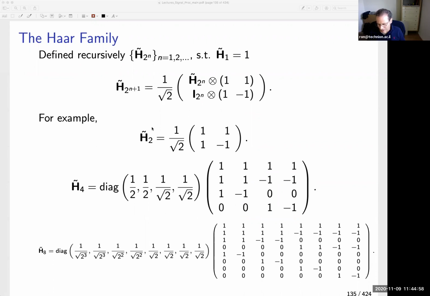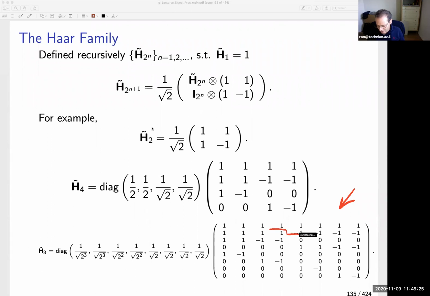What we see here is that here we have 1 sequency, here we have 2 sequency, and here we also have 2 sequency in a sense. I mean, the question again is how do you refer to that? And this is how the Haar H8 looks like. Here we have a function like that.